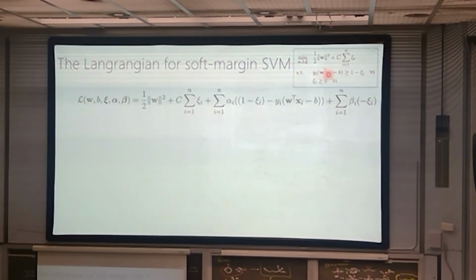So there are two inequality constraints for each point, which means I should have 2 times the number of points dual variables introduced. One kind arises here: the alpha I I get for every point, and the other one is the beta I. This beta I corresponds to the second inequality constraint, and this alpha I is multiplied over this whole term, which arises from the first inequality constraint, and then this is simply the function.